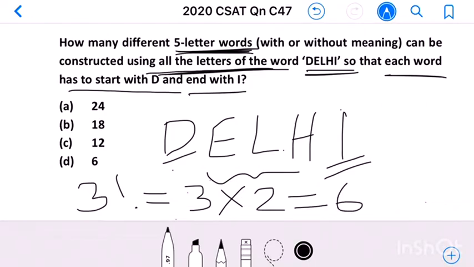So we can arrange ELH in 6 ways: ELH, LEH, HLE, like that. So 6 ways we can arrange these 3 letters. Then D at the start, I at the end. We can have 6 words. Our answer is option D, 6.